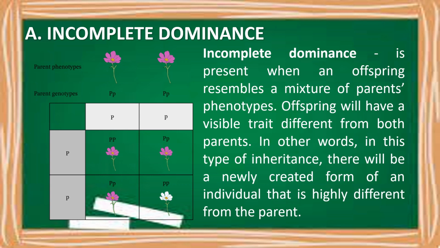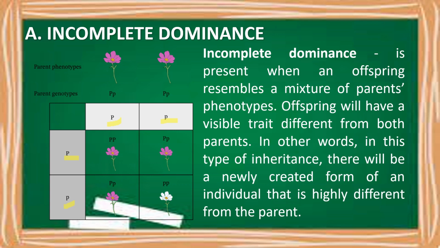So this is the parent phenotypes. The parent phenotypes, it has a purple flower, and the parent's genotypes, it has a big letter P and small letter P. So ang allele ani isulat kag big letter P kani, big letter P and small letter P. Then diri pod big letter P, small letter P. And then mag-crossbreed.